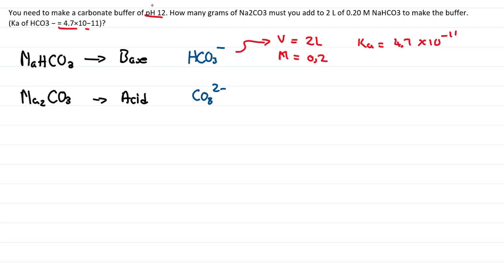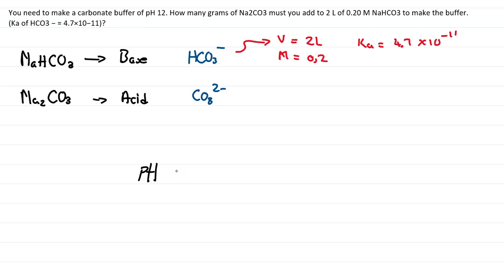So what we have to do now is to find the ratio of the concentration of these two that will give us a pH of 12. And how do we do that? Well, we have this equation which we use to do that.